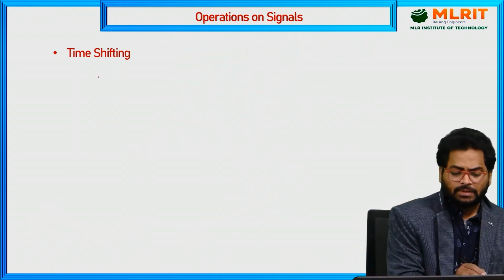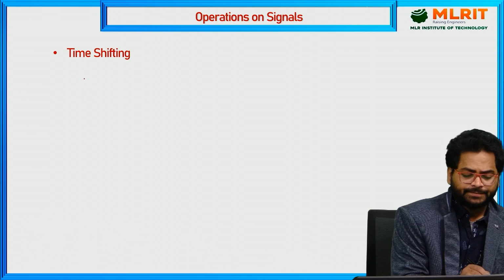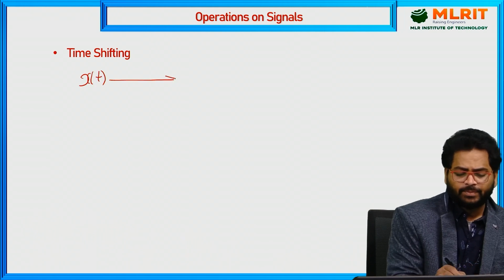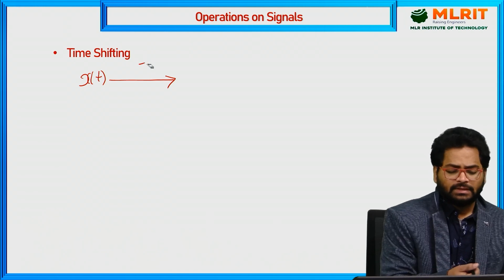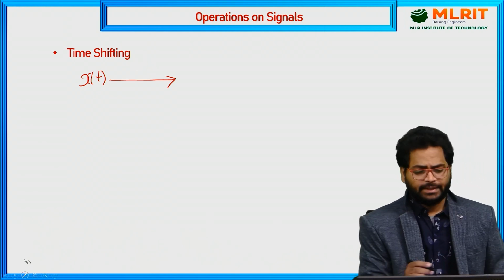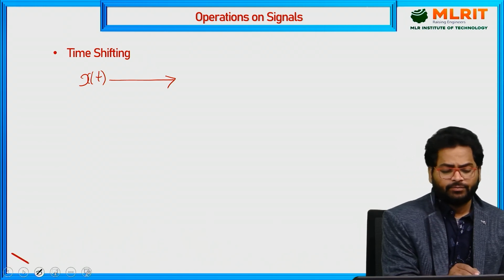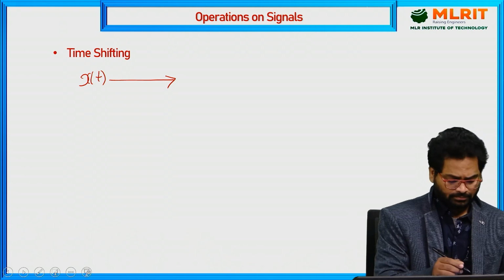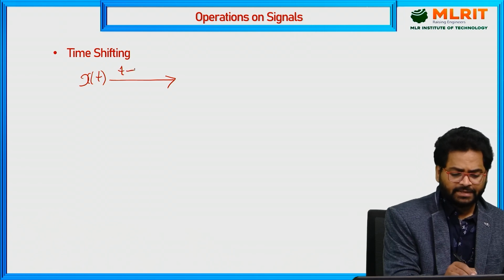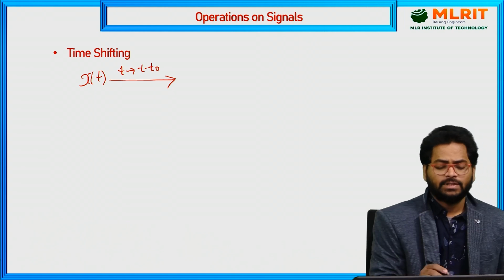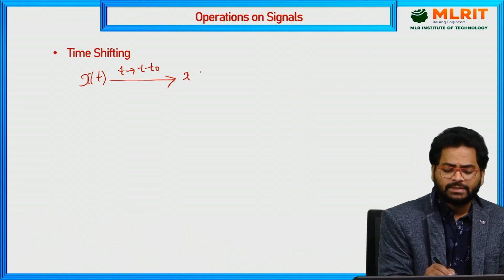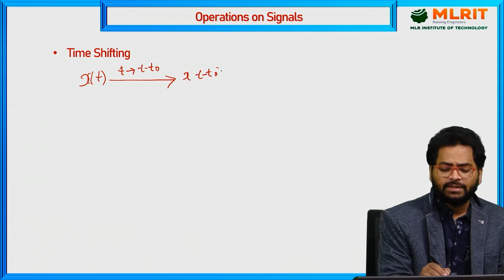Similarly, let us define time shifting. Suppose x of t is one signal which is shifted by t naught units. The t naught might be in a negative or positive direction, where t tends to t minus t naught. Now your signal looks like x of t minus t naught, which is a delayed signal.